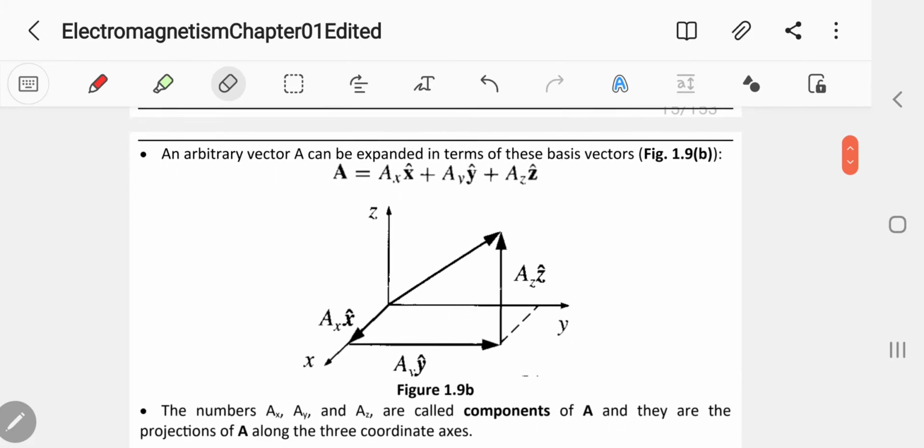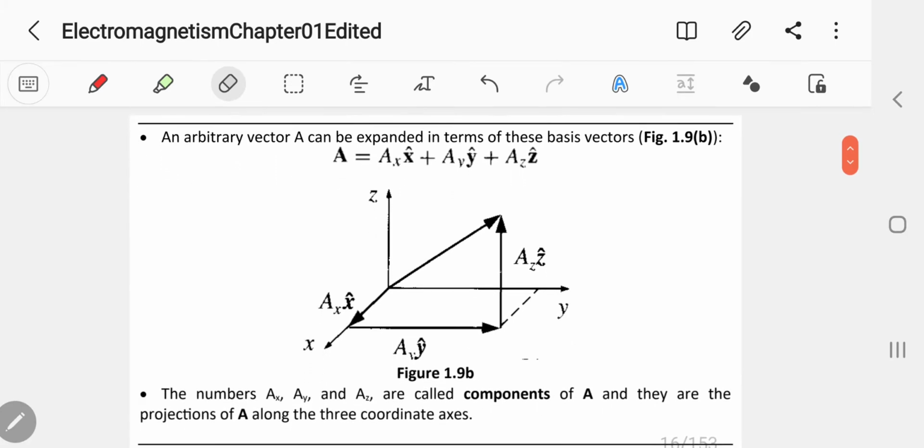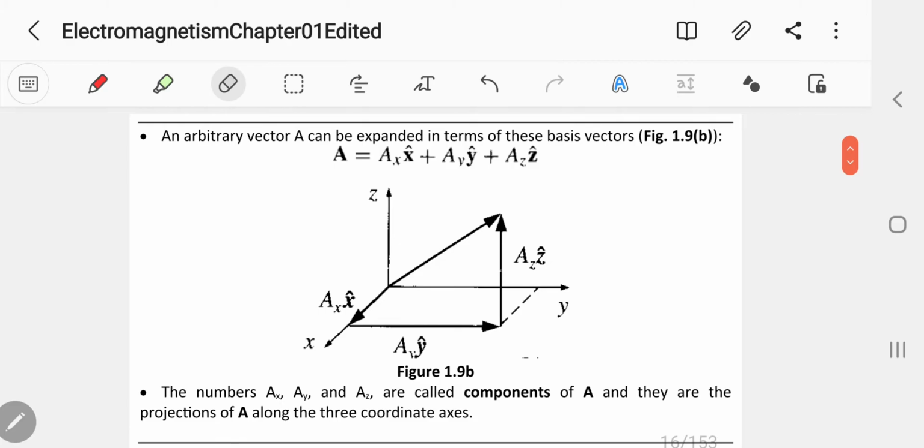So arbitrarily, you can write any vector A in this form. So Ax will be the component along the x, Ay will be the component along the y, Az is the component along the z. Ax, Ay, and Az could be positive or negative. So that means you can have a component that is negative as well.